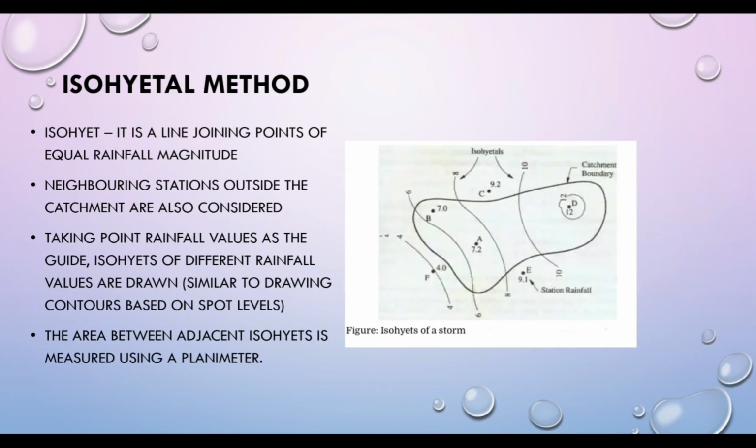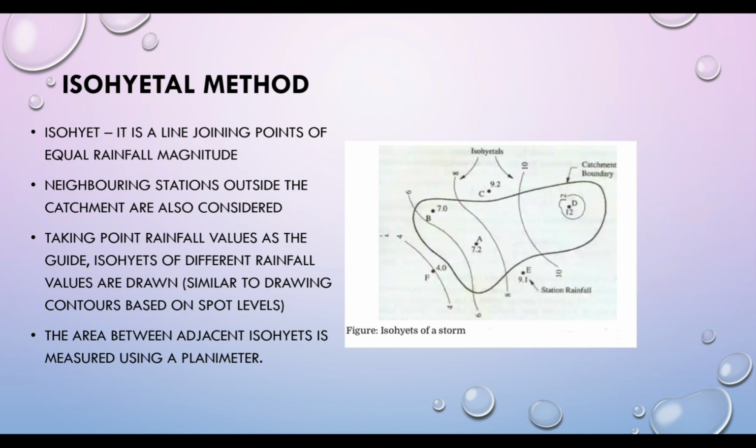And the last method is the isohyetal method. So let's define what an isohyet is. It is a line joining points of equal rainfall magnitude. The catchment area is drawn to scale and the rain gauge stations are marked on it. The recorded rainfall values for which a areal average is to be determined are marked at the respective stations.